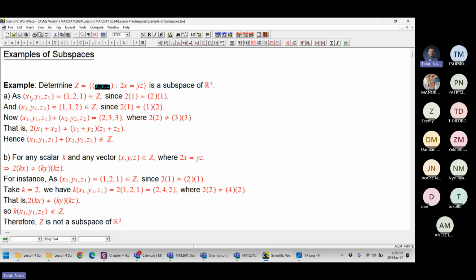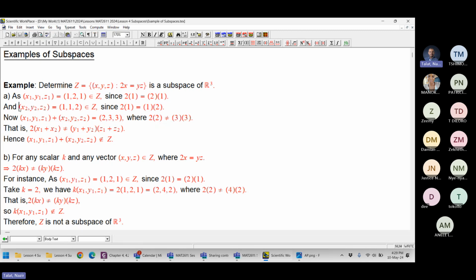Here remember that one can check: if you take any two elements of Z which satisfy this relation, like (1, 2, 1), it belongs to Z, because it satisfies the condition 2x equal to yz, meaning the first element multiplied by 2 is equal to the product of the second and third elements. So it satisfies this condition.